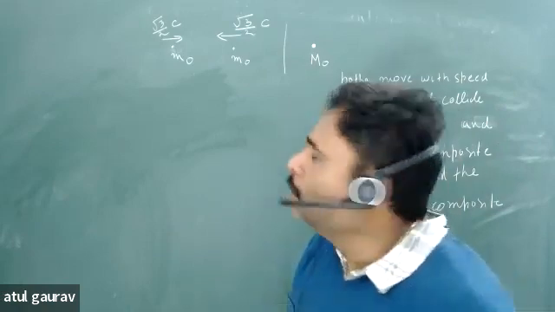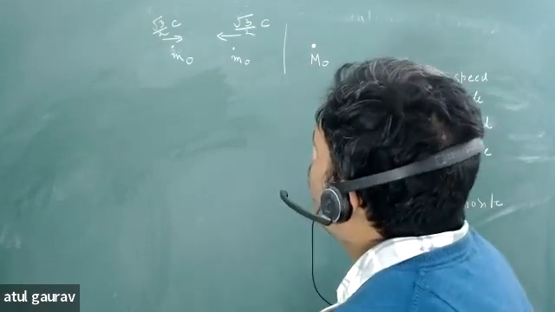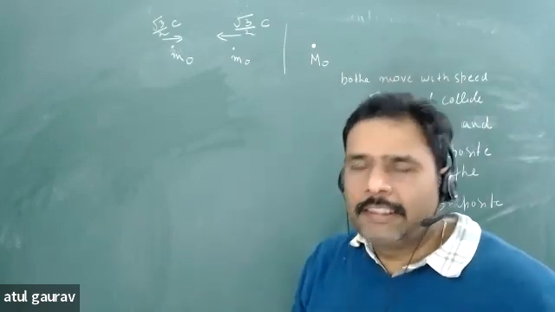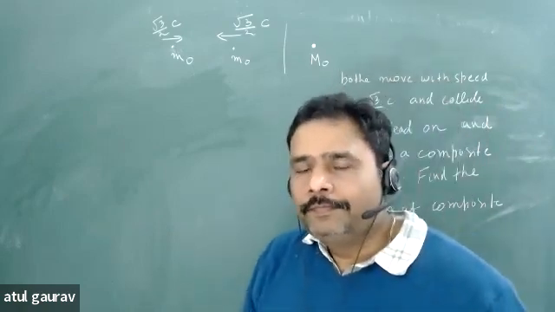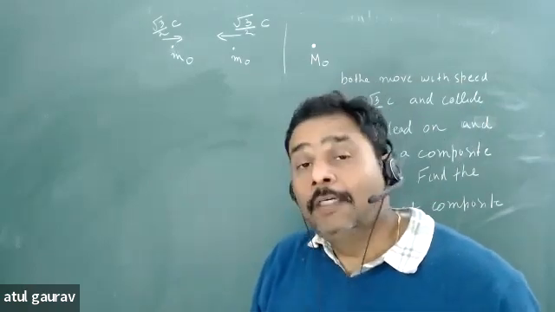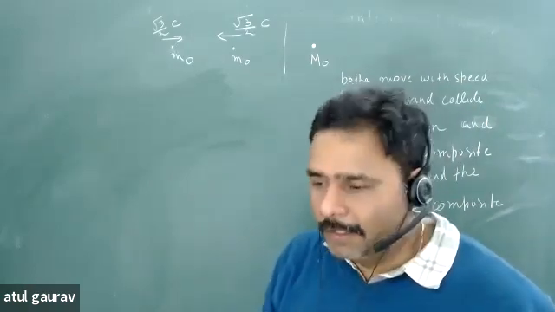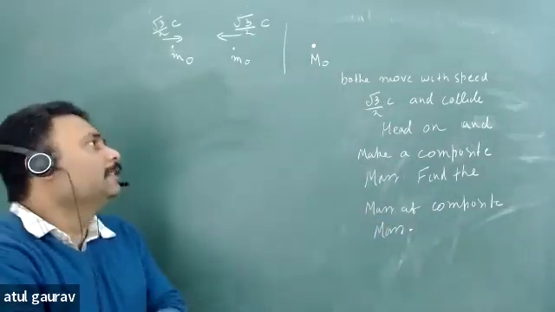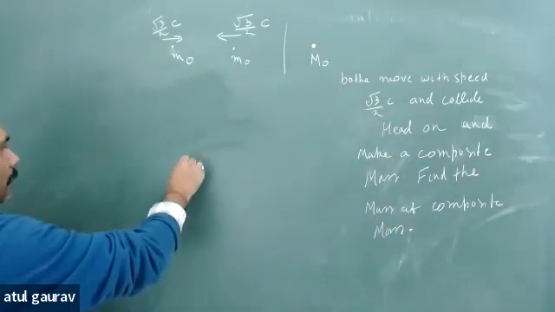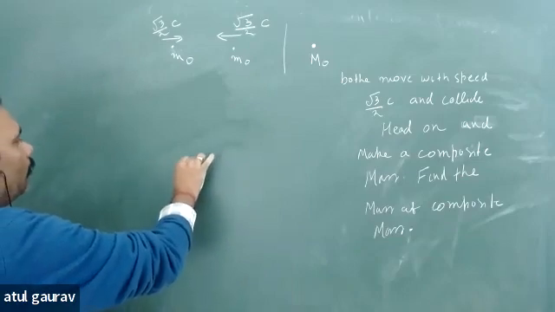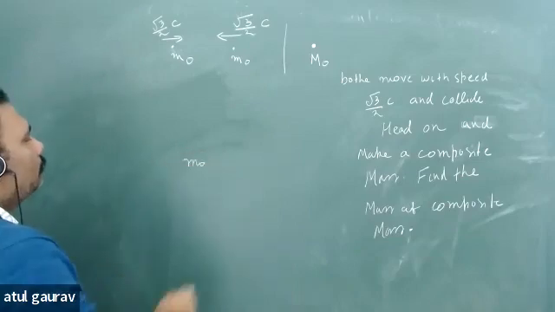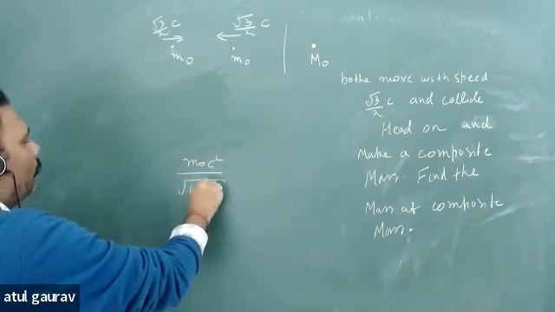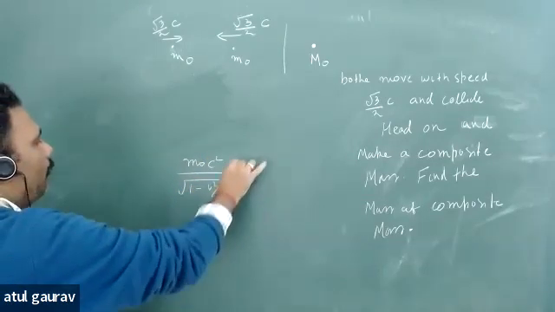Now, is the total energy conserved or is the rest mass energy going to be conserved? Total energy. Total energy is going to be conserved. Very good. This has come in exams many times. So total energy is conserved. That means, what is the total energy of the first particle? m naught c square root under 1 minus v square upon c square.